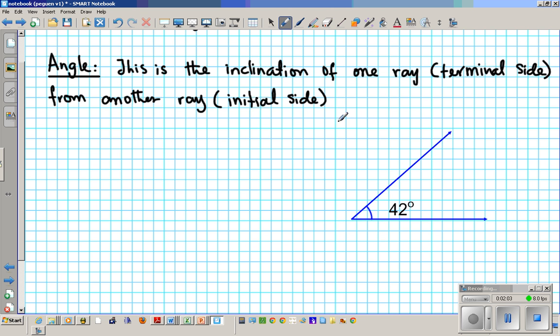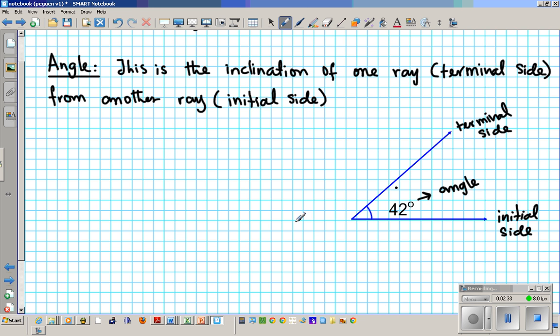The inclination between this ray, this is known as the terminal side, and this is known as the initial side. The inclination between these two is known as the angle. So this 42 degrees is a measure of the angle in degrees. Okay, so that's basically what an angle is.